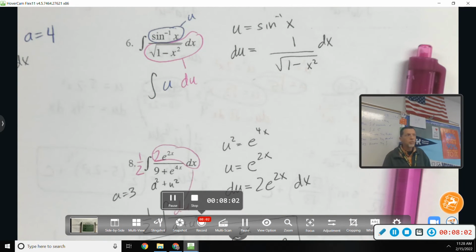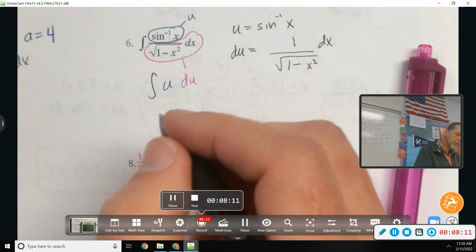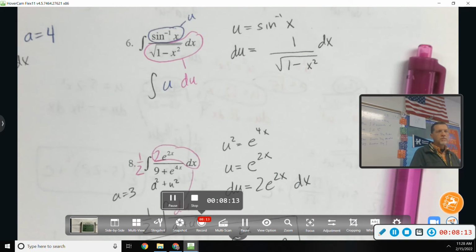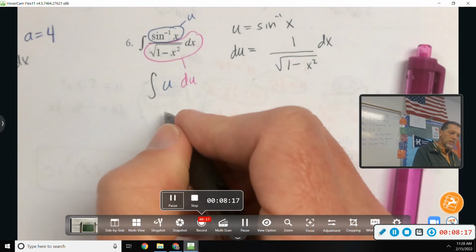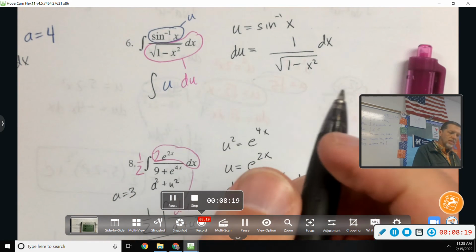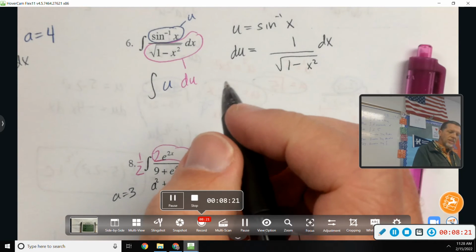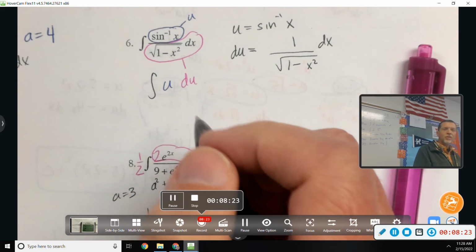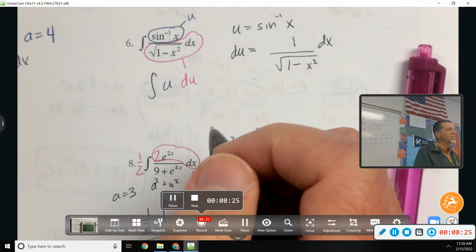So it was really ugly, and then with u substitution it turned really easy. I hope really easy. What's the integral of u du? It's the antiderivative of u du. And this is why we did warm-ups with review questions on them.